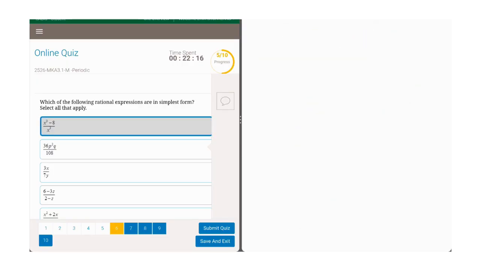The next rational expression is 36p squared q over 108. Here the top is already factored, we don't need to factor it. The bottom is a singular constant, but we can simplify the numerator with the denominator using 36 and 108. They're both divisible by 36.